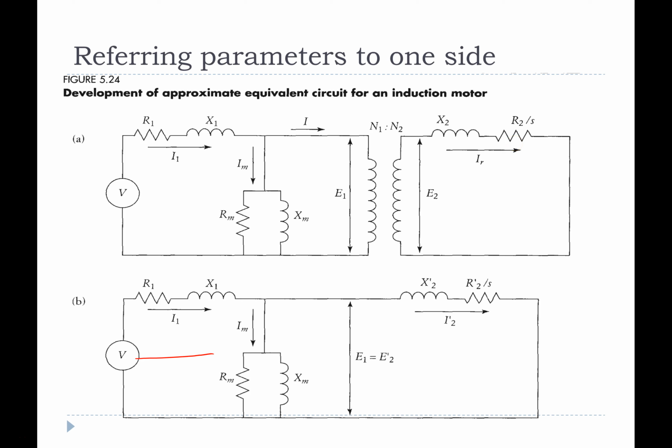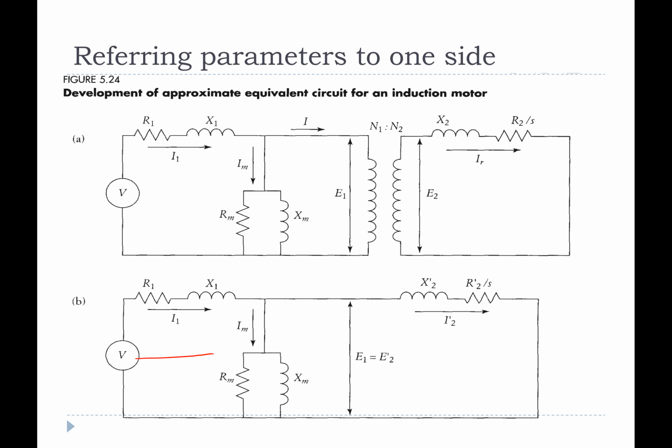Now, the next thing we're going to do is refer the parameters from one side to the other, exactly the same way we do it in a transformer. For an induction machine, we don't actually know what the turns ratio is, but if you try to measure the parameters, what you would be measuring are the values referred to one side.